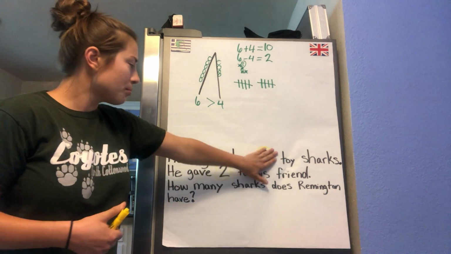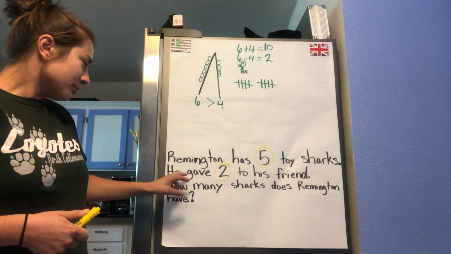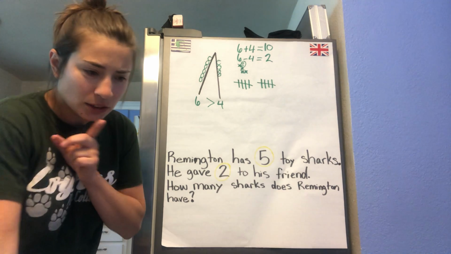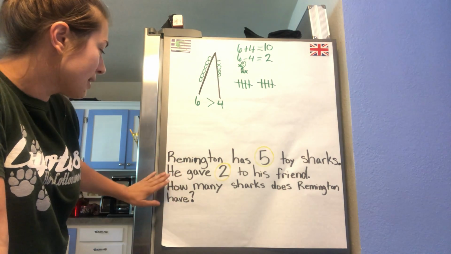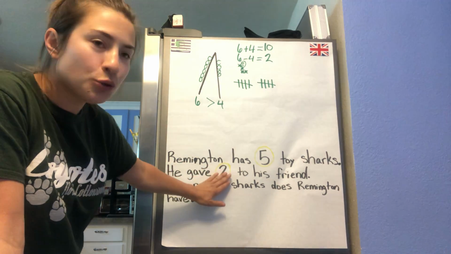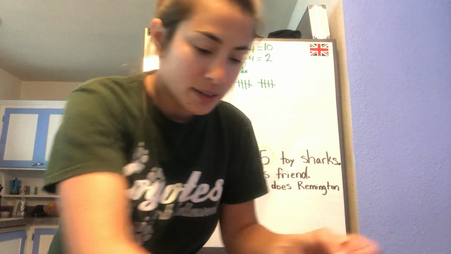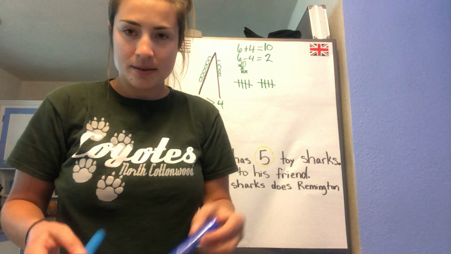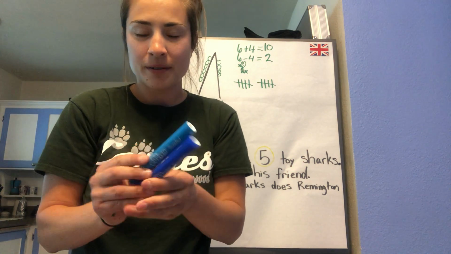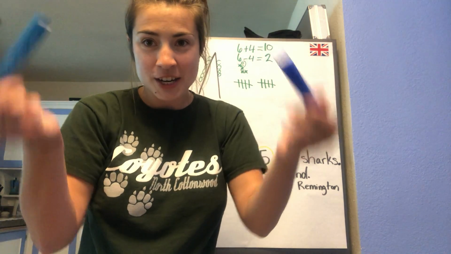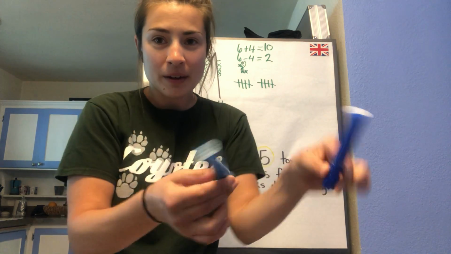So we have 2 numbers here, and now listen when I read this sentence. He gave 2 to his friend. So let's pretend that I have 2 sharks here. We're pretending. Imagination. 2 sharks, okay?